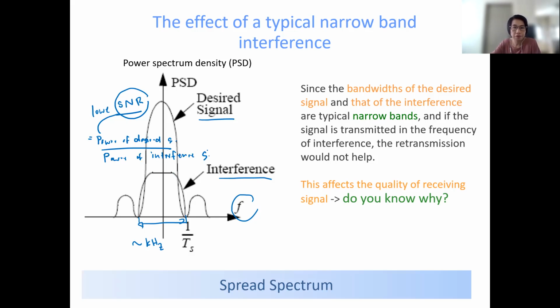So if this is big, the ratio becomes lower, right? So this is not good for the communication part.